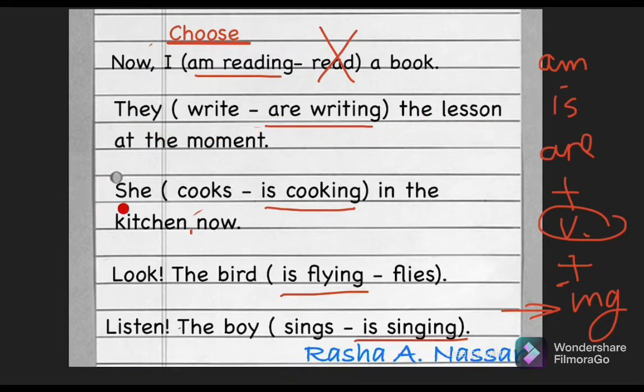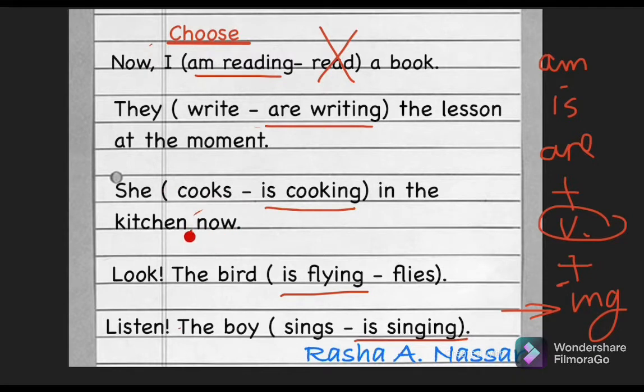Number 3. She cooks or is cooking in the kitchen now. Some pupils will say "she cooks, teacher." Why? Because she takes S. Yes, but here I have the key word "now."